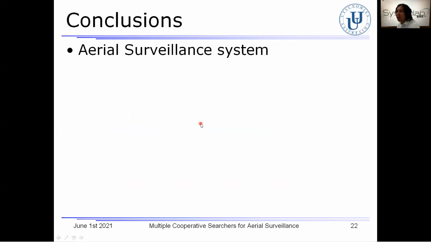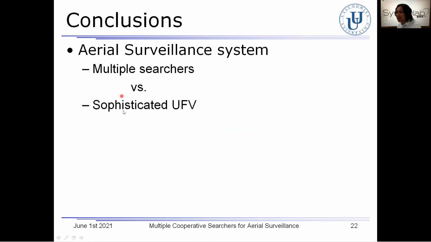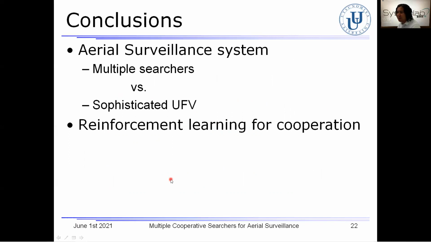Okay, in this presentation, we proposed an area surveillance system composed of a single sentinel and multiple searchers. For sophisticated UFBs, the searchers successfully acquired effective actions through reinforcement learning. In the surveillance simulations, the searchers approached the target UFB in cooperation with each other.